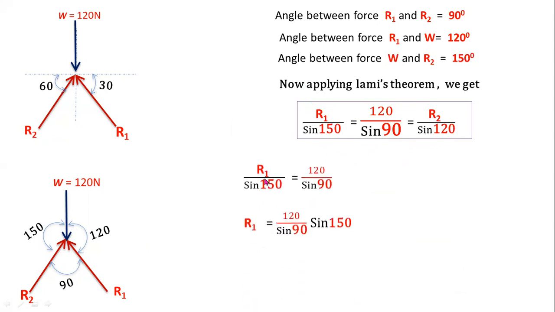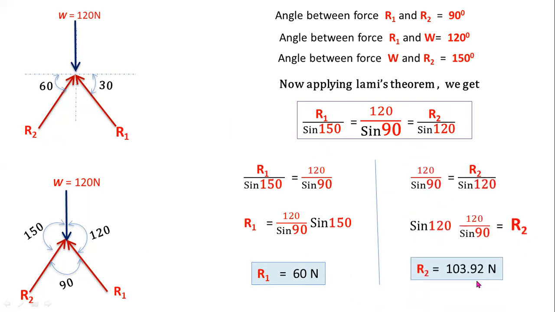Apply cross multiplication: reaction force R1 equals 60 newtons. Now consider these two equations to determine the value of R2. Apply cross multiplication: reaction force R2 equals 103.92 newtons. So these are the two unknown reaction forces R1 and R2 at the points of contact. This is the final answer for this given problem.